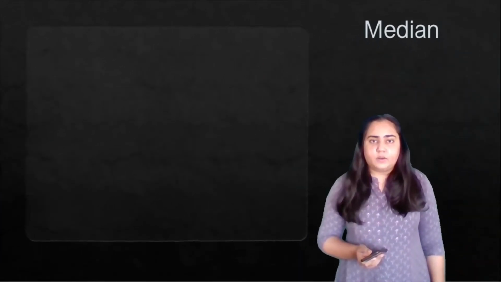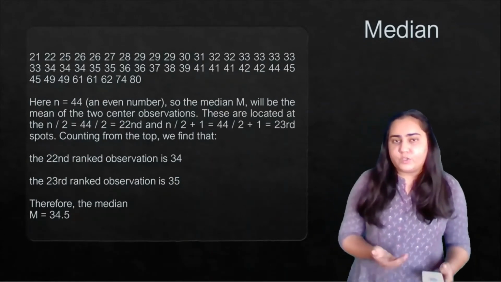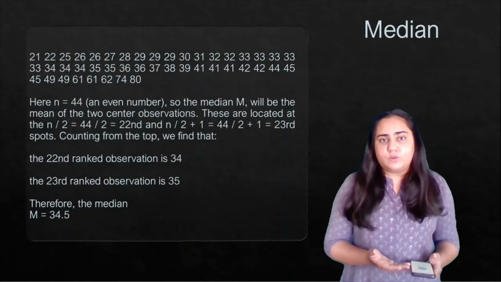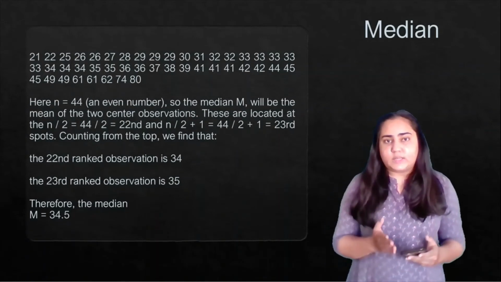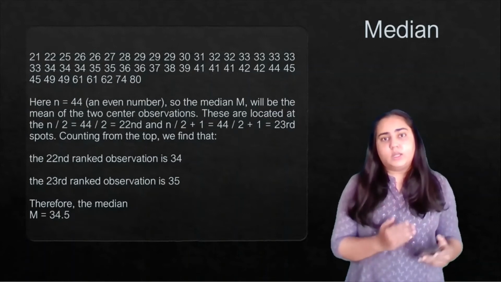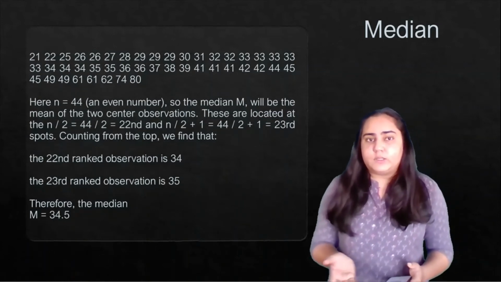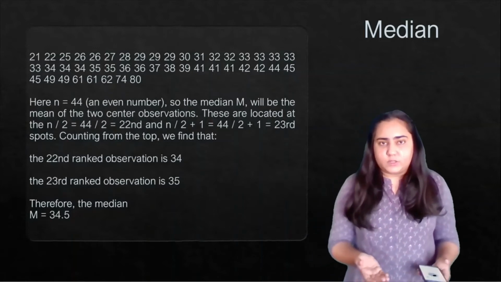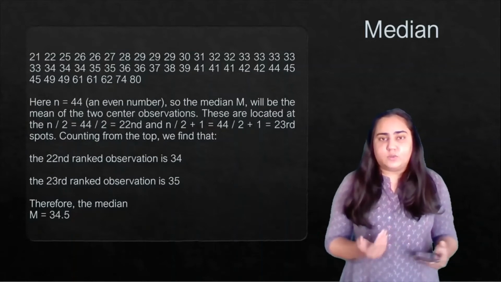And from there, you can say that n is equal to 44, which is an even number. So you need to do 44 by 2, which gives you 22. So you need to take the 22nd observation, and n by 2 plus 1, which is 23, the 23rd observation, and take the average of the 22nd and 23rd.